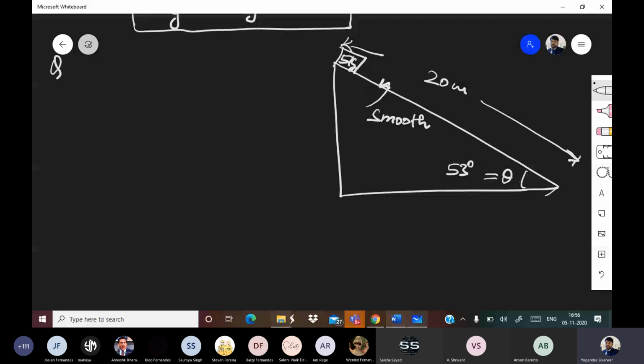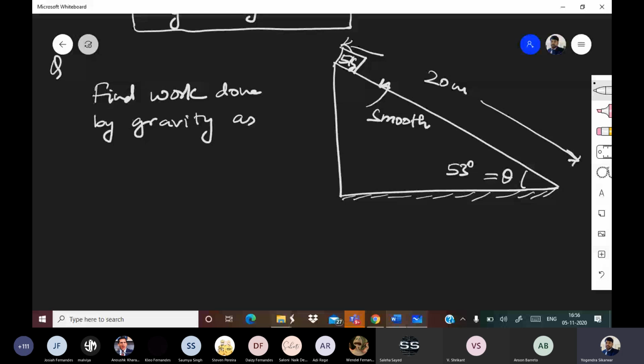And the question says find work done by gravity as block reaches the bottom.